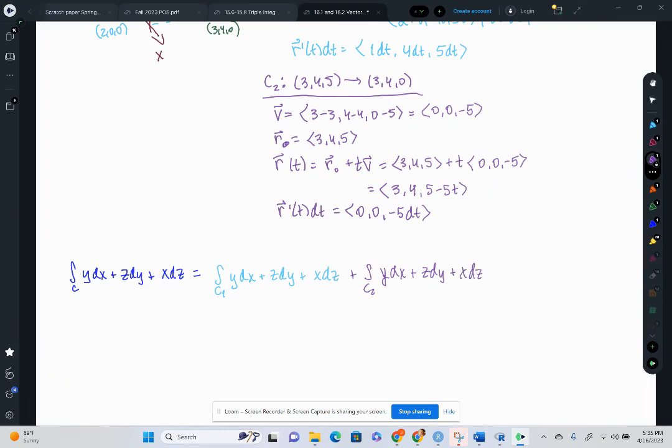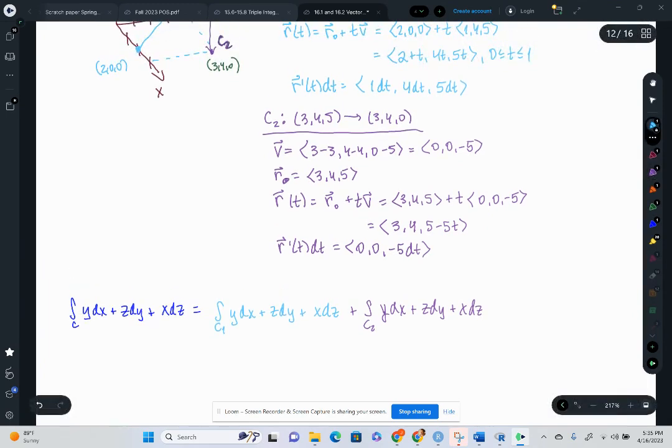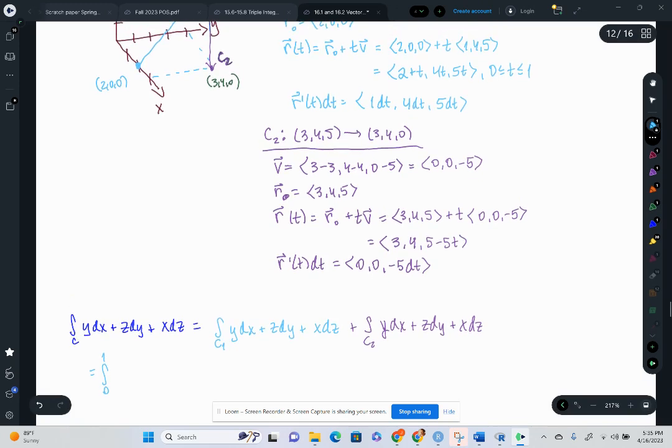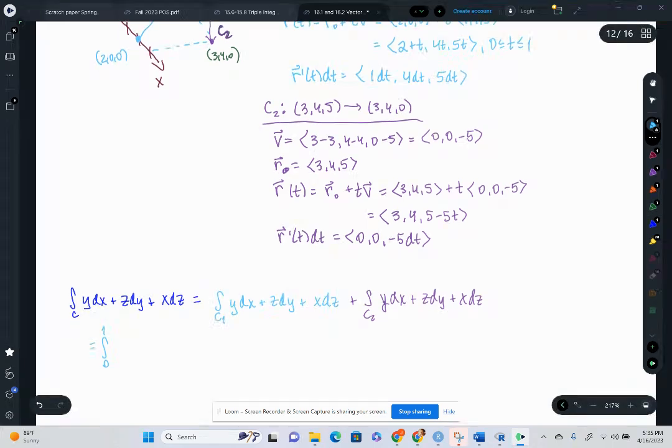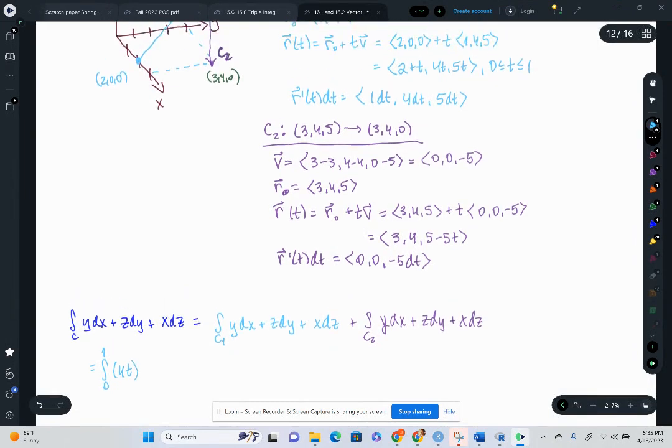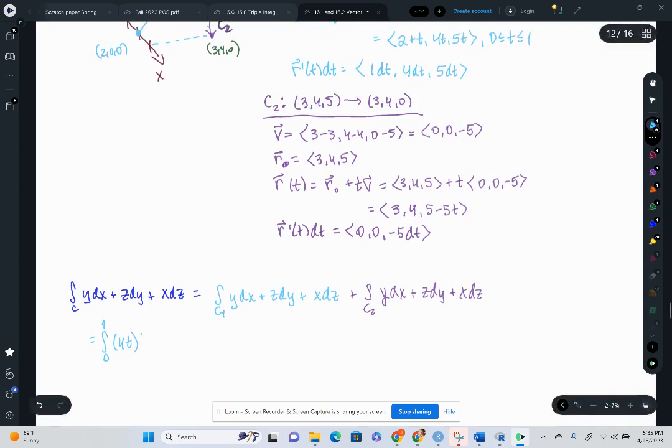Okay, so now I have to go to C1 and pull out all my parts and put them in. So this is equal to the integral. Let's see, our bounds are 0 to 1. And y, it looks like, is 2 plus t. That's the y component of r of t is 4t. So I get 4t. The dx component, the first component in r prime of t dt, is going to be 1 dt.